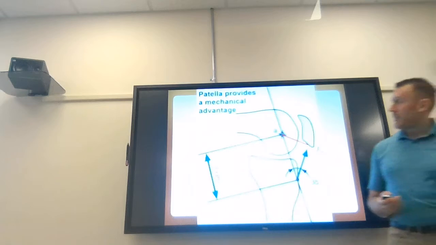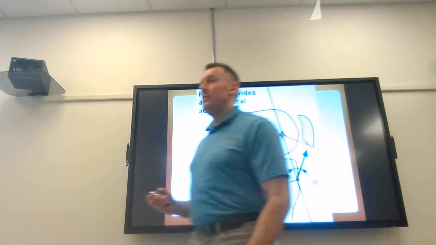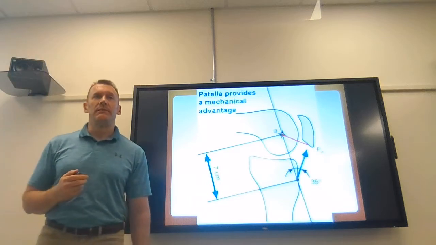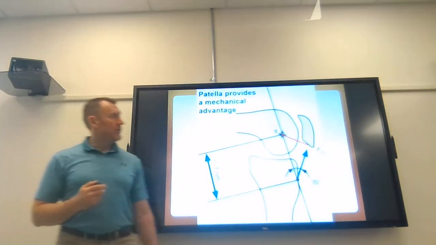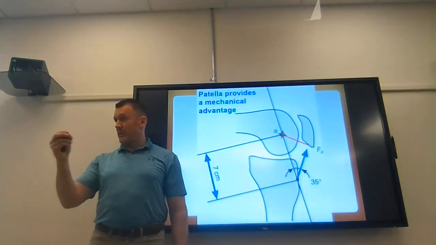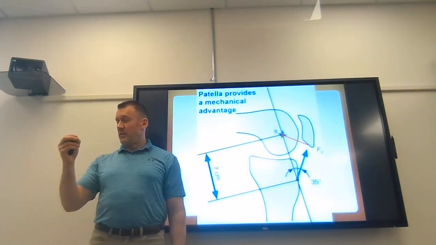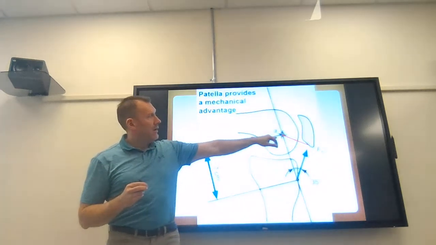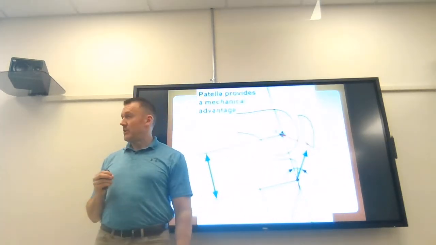The purpose of the patella is to lengthen the moment arm of the quadriceps tendon. So because of the patella, the quadriceps tendon is located a little bit further from the axis of the knee joint.